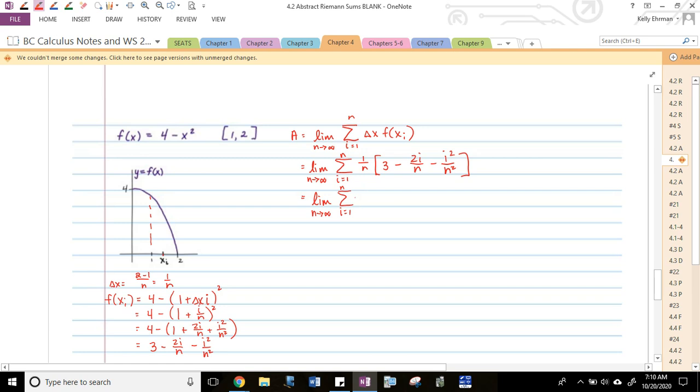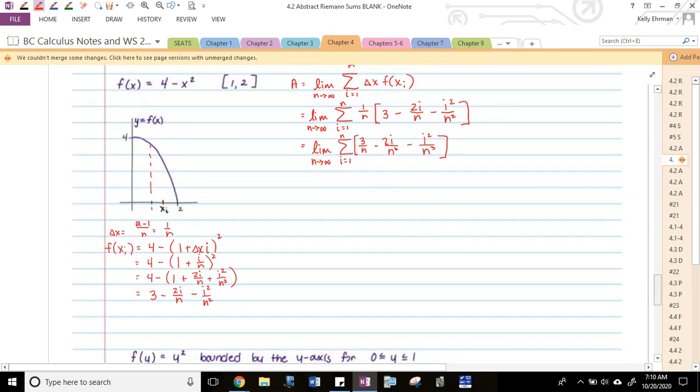Okay, so I have the sum of 3 over n minus 2i over n squared minus i squared over n to the third. Now we're going to go ahead and take sums. So we're going to drop the summation, but we have to keep our limit notation.